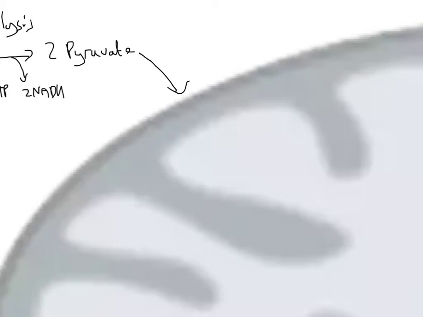Okay, and the link reaction takes place in the intermembrane space. So we have the link reaction. Going in is pyruvate, coming out is acetyl-CoA. Now in order for this to happen, CoA, coenzyme A, needs to go in.